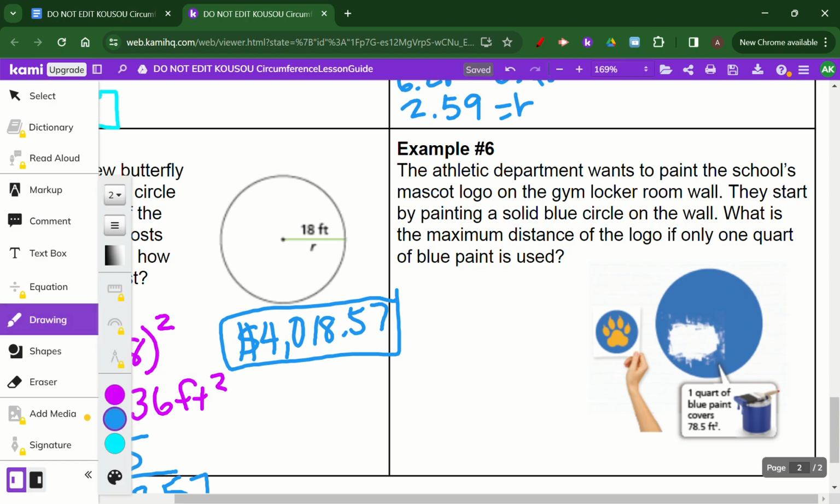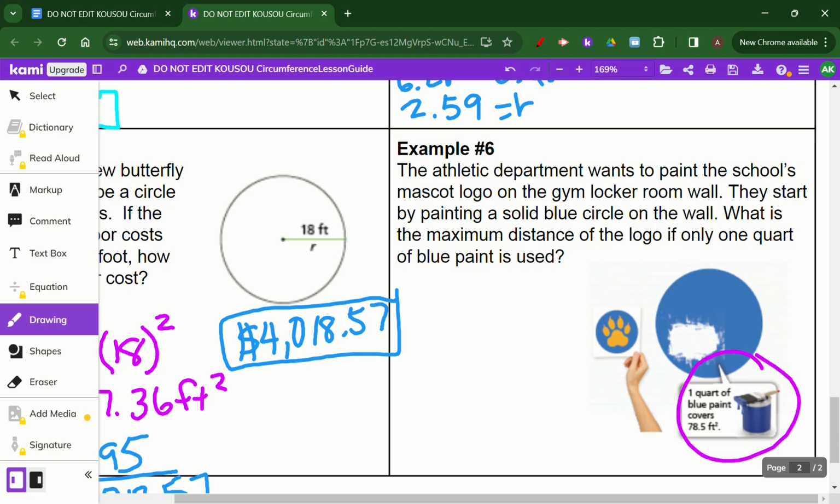All right, next we have here, the athletic department wants to paint the school's mascot logo on the gym's locker room wall. They start by painting a solid blue circle on the wall. What is the maximum distance across the logo if only 1 quart of blue paint is used? So here we have 1 quart of blue paint covers 78.5 feet squared.